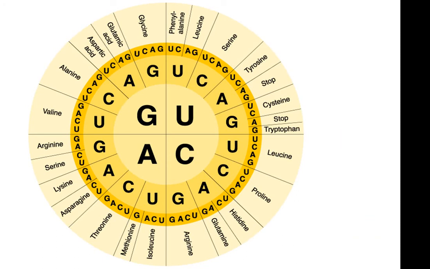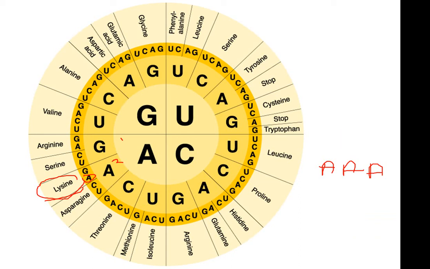The DNA would be TTT. So what would be the RNA? Hopefully you said AAA. Okay, so first base, A. Second base. Third base, lysine. There's your amino acid.